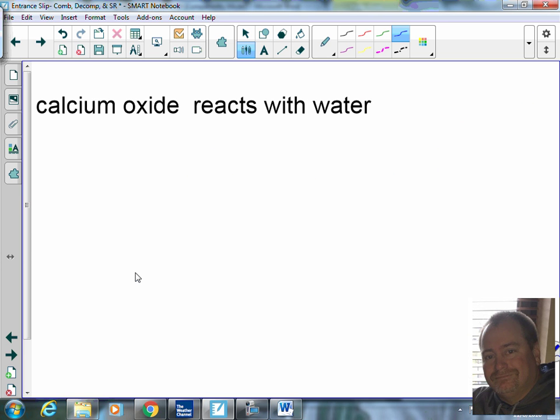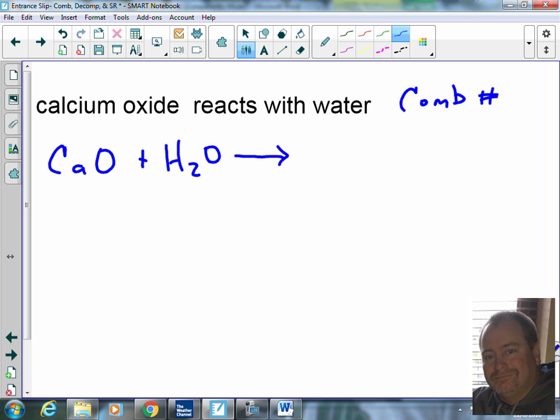Calcium oxide reacts with water. Calcium oxide with water to yield. What type of reaction is this? This is a combination. And specifically, it is combination number what?